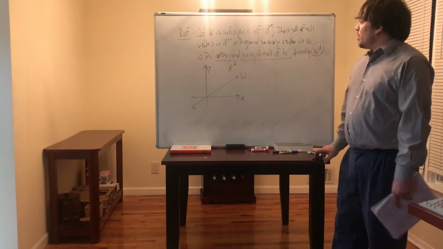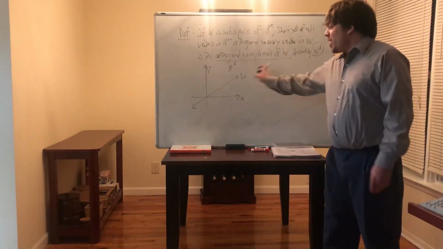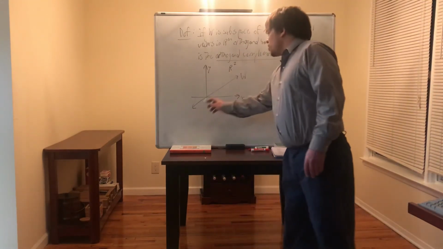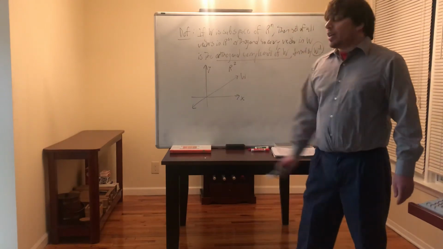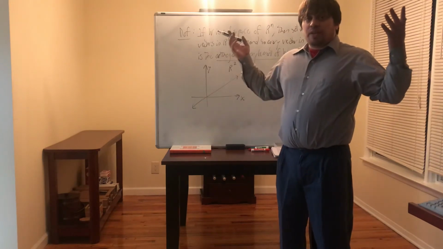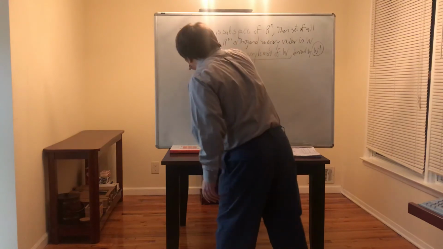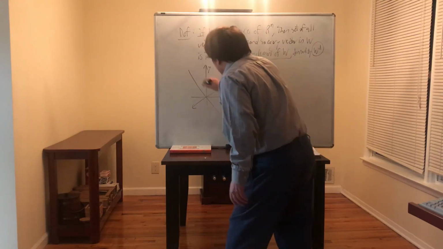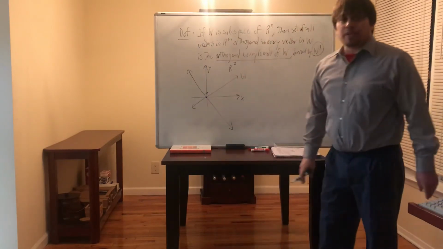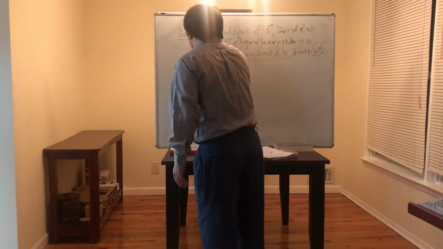Now, the orthogonal complement of the subspace W is the set of all vectors orthogonal to every vector in W. Any vector in W is going to start at the origin and be on this line. So if you want vectors orthogonal to every vector in W, just take a line perpendicular to that one through the origin. This line is going to be the orthogonal complement of W.